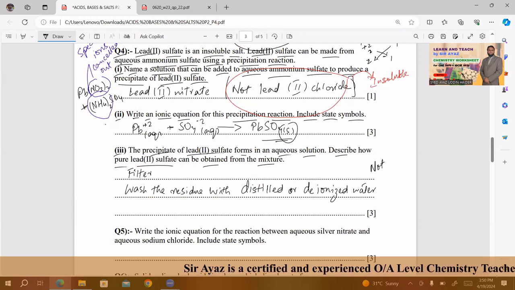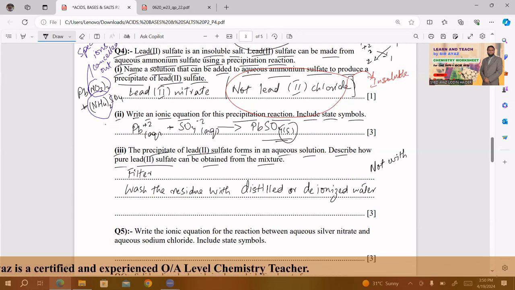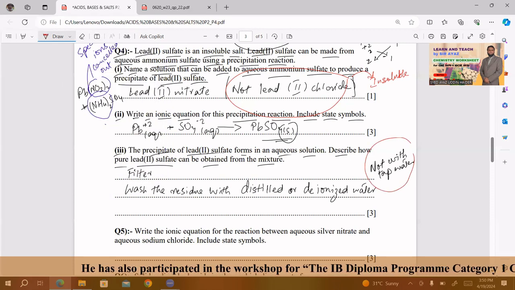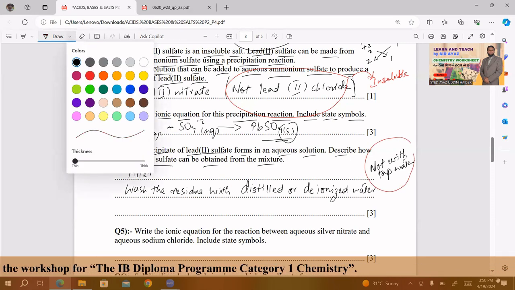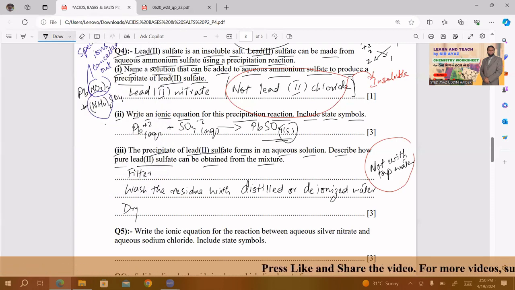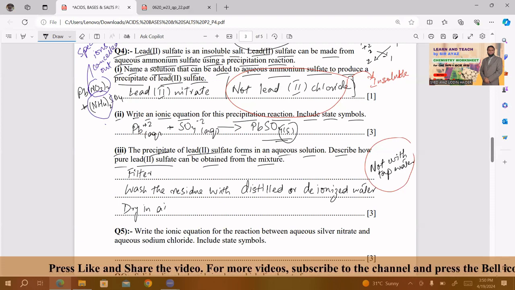Not with tap water, because tap water will bring impurities. The next point must be a description of drying. Dry in air.